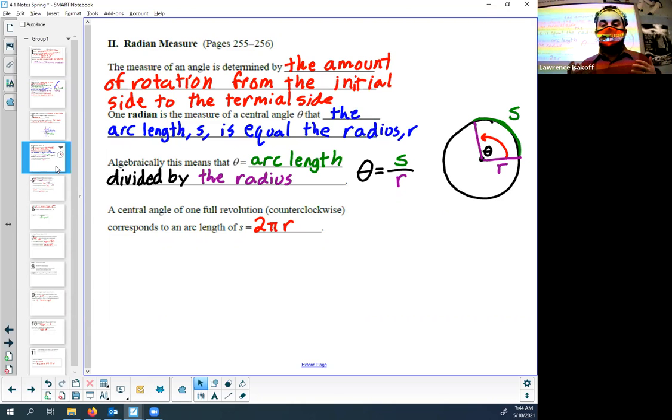The idea of a radian comes from, let's pretend a circle has a radius of 1. If I have a radius of 1, I know that all the way around, the circumference would be 2 pi r, or 2 pi times 1, which is just 2 pi.